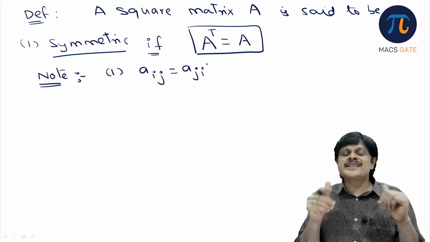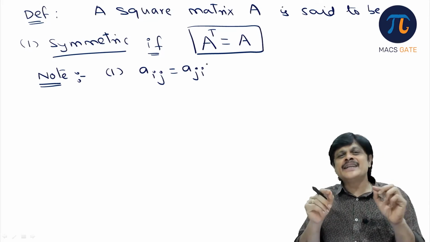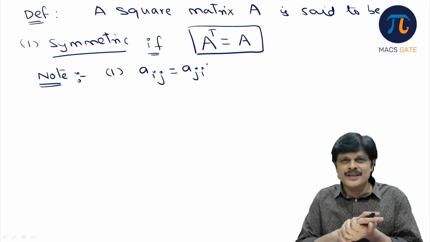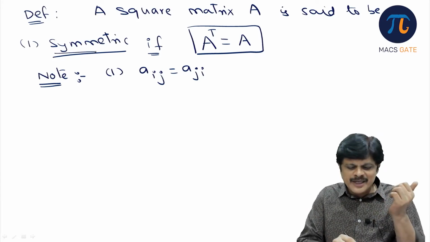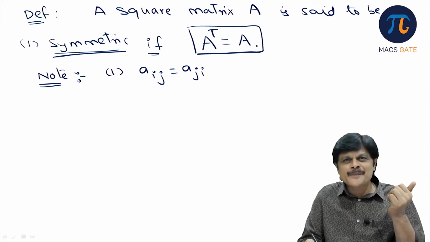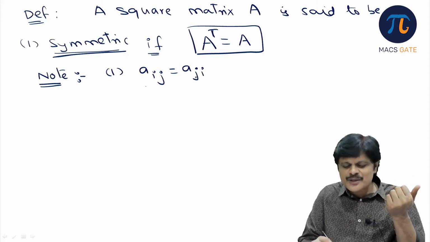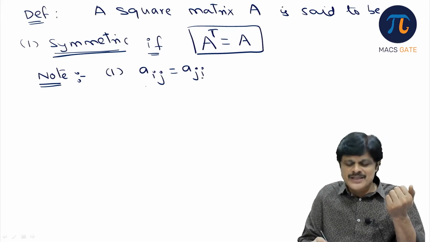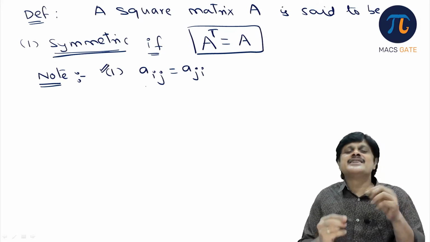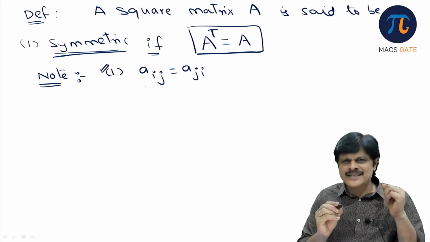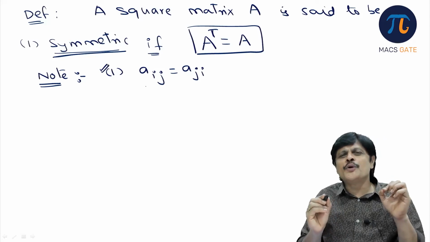See, when you transpose a matrix, the ith row jth column will be converted to jth row ith column. Now, in symmetric matrix, what is happening? Transpose is same as matrix A. So what happens? The ith row jth column element will be same as jth row ith column. So this is the verification method for symmetric matrix. If I explain this with example, it will be more clear.